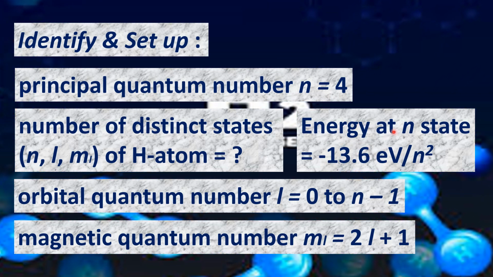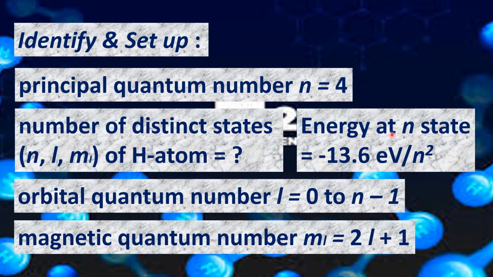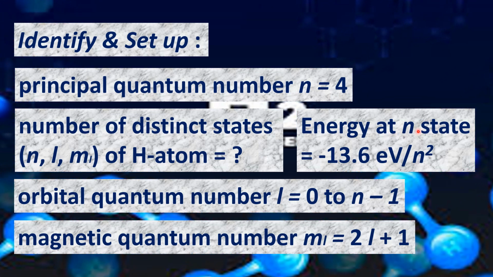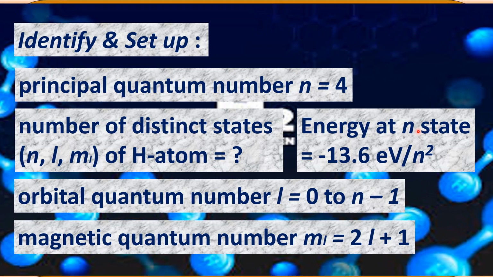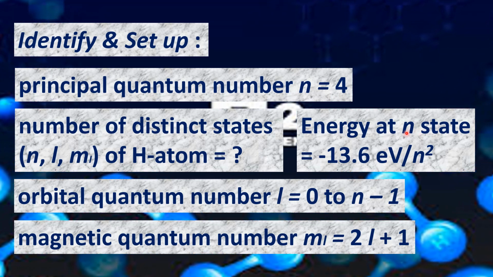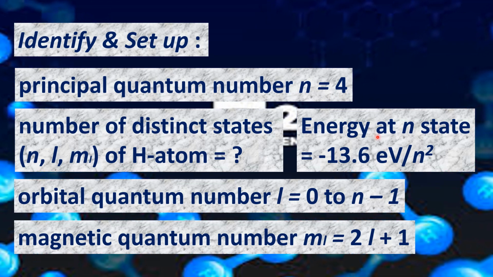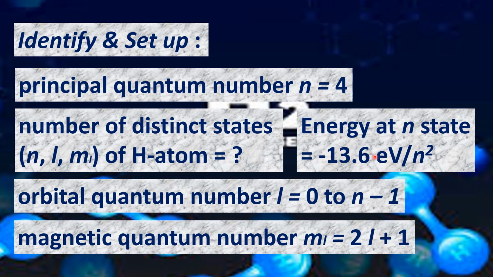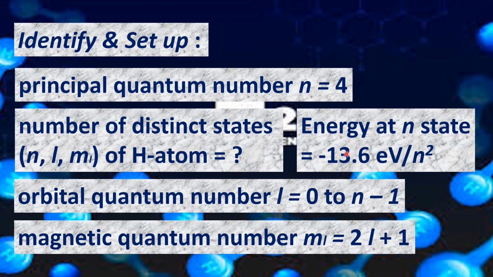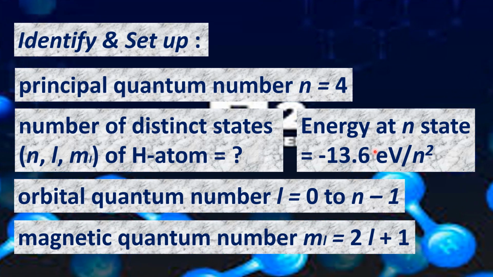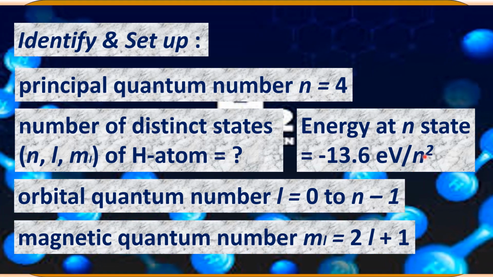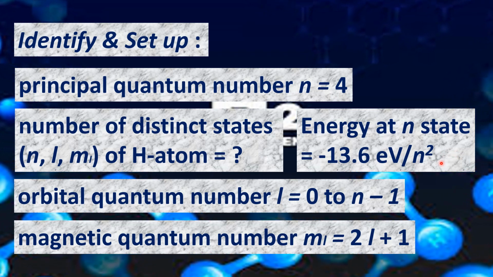The amount of energy at any principal quantum number, small n, is just equal to a constant, negative 13.6 electron volts, divided by n squared.